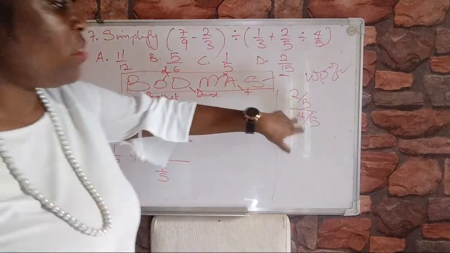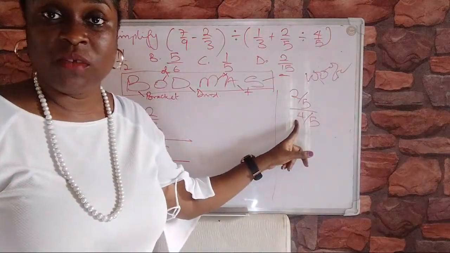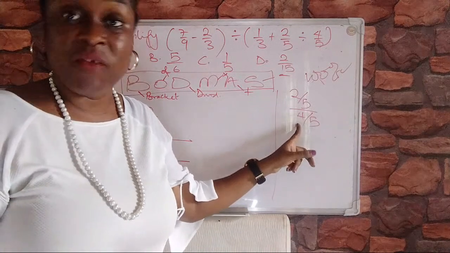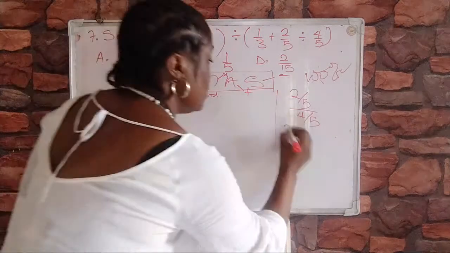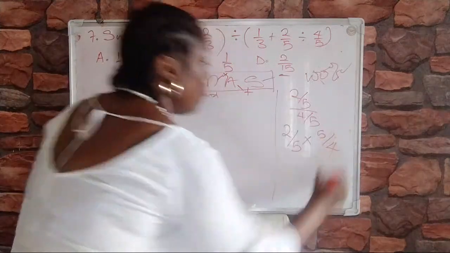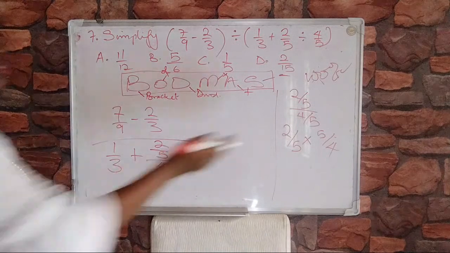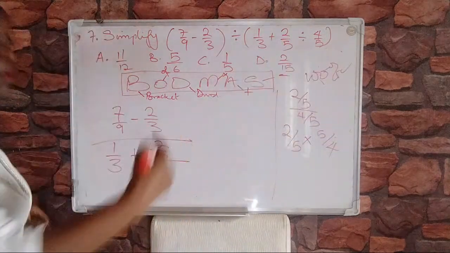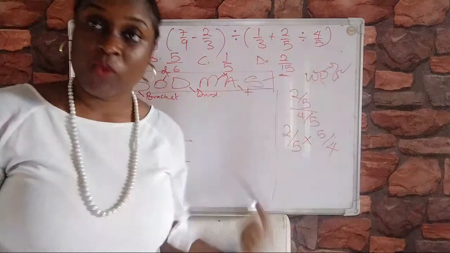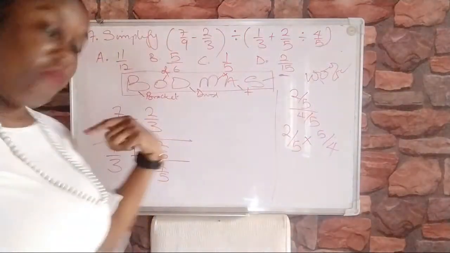When this denominator goes up, we get the inverse of 4 over 5. What is the inverse of 4 over 5? It's 5 over 4. So it will be 2 over 5 times 5 over 4. Simple as that. Once it jumps out from the denominator, it becomes an inverse of what it was. So 4 over 5 becomes 5 over 4.